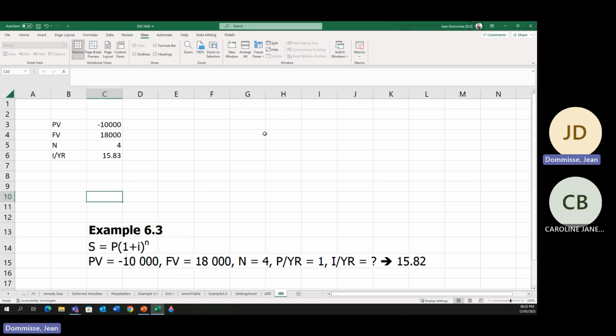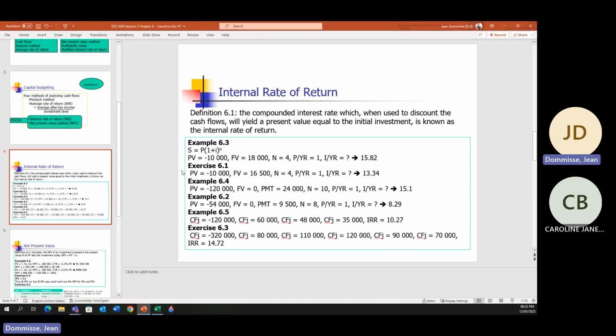How we do it in a financial calculator is just as we always would have if you were given a present value and a future value and you needed to work out your interest rate. For an instance like this, you will basically work with your future value, your present value, and the period of time.